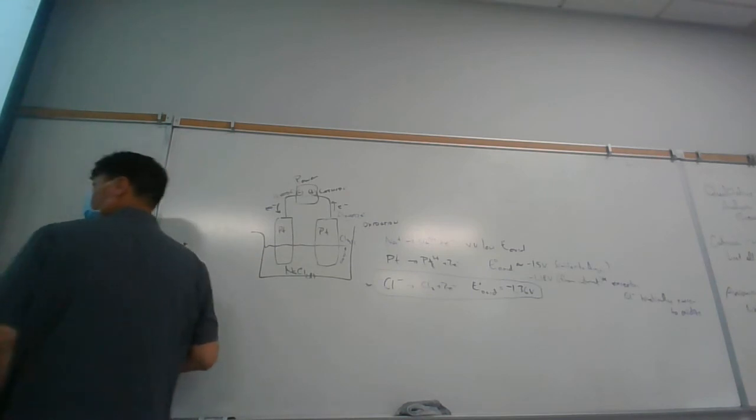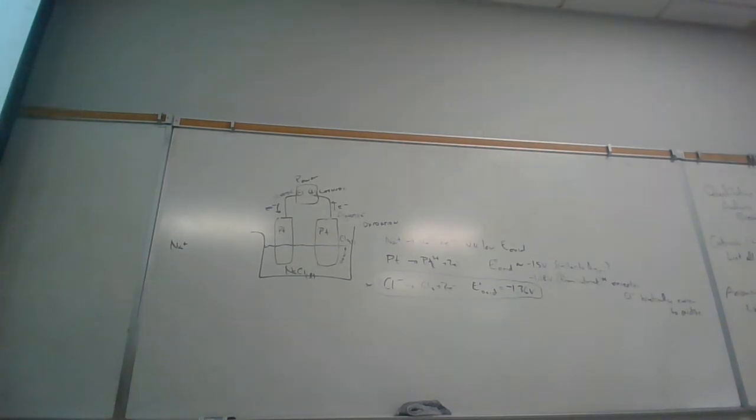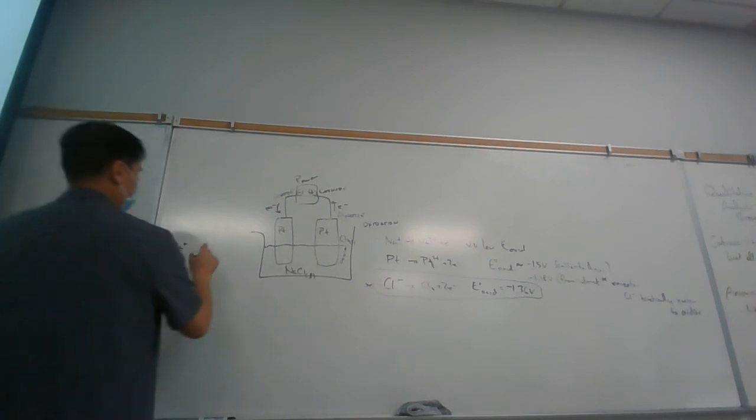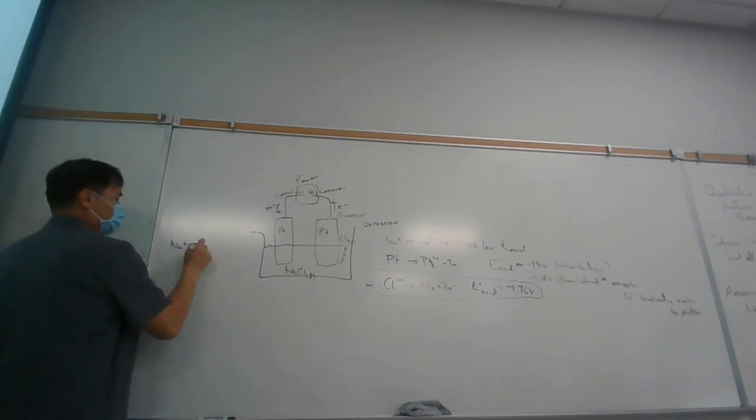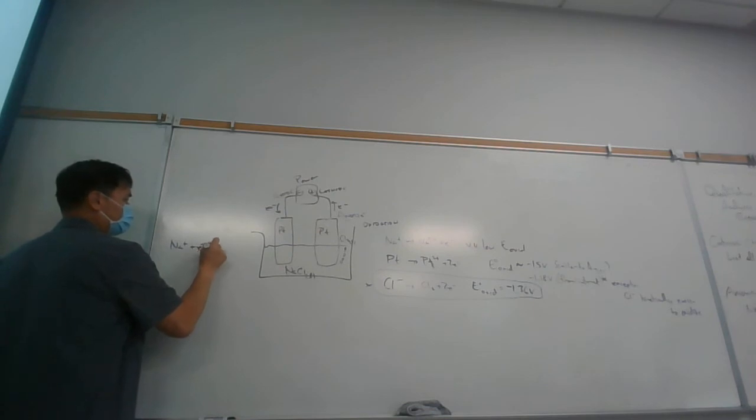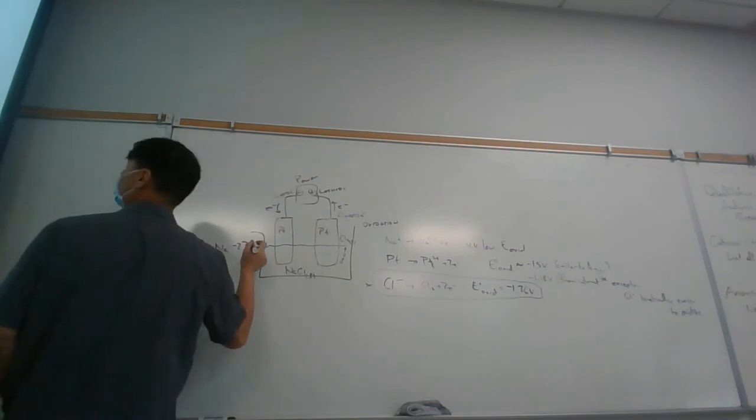So what is the reduction potential for sodium ions? We'll just go back to our chart from the book. The reduction potential for sodium ion is negative 2.713 volts. So sodium ion plus an electron goes to sodium, negative 2.713 volts.